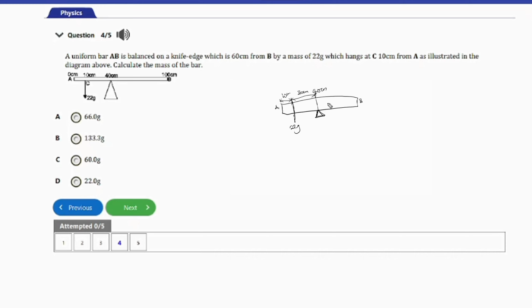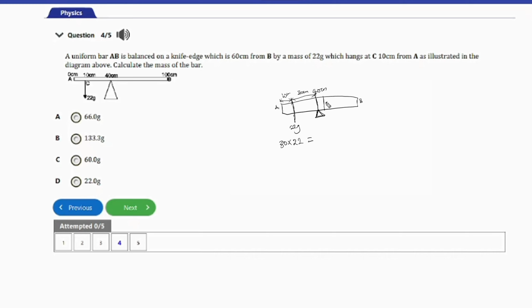So it means that the clockwise moment is going to be 30 times 22. Remember that the clockwise moment should be equal to the anti-clockwise moment. But since this bar is a uniform bar, it's going to have its mass centered at the midpoint.